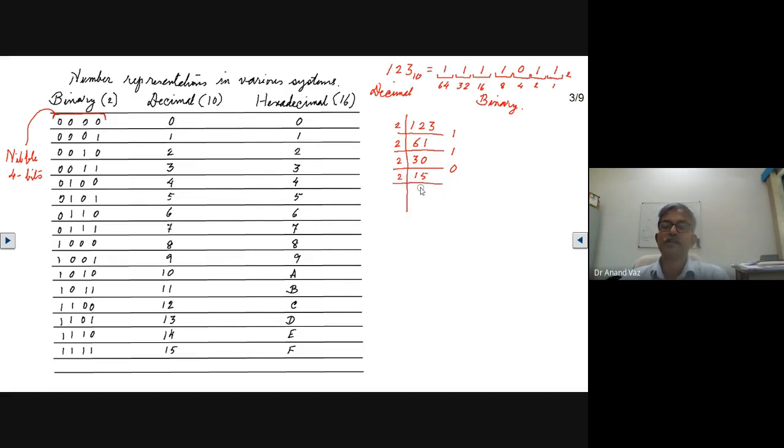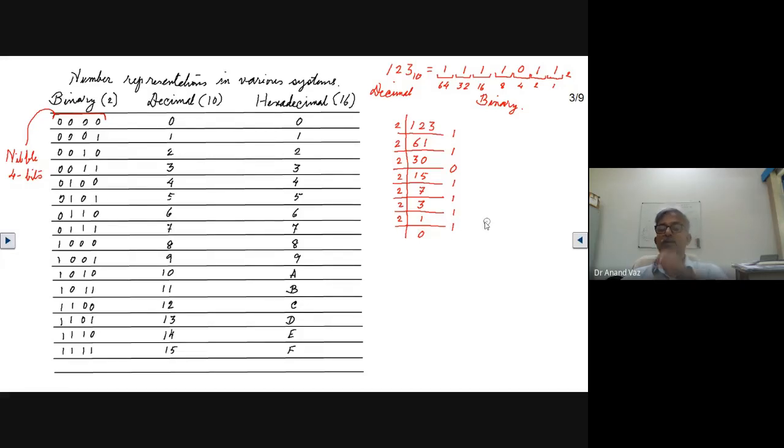And you again divide by 2. 2 7s are 14. You have a remainder. Again you divide by 2. 2 3s are 6. You have a remainder 1. Again divide by 2. 2 1s are 2. Remainder is 1. Then again you divide by 2. 2 zeros are 0.